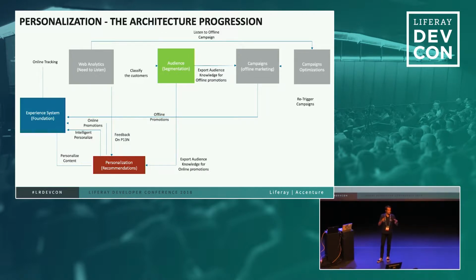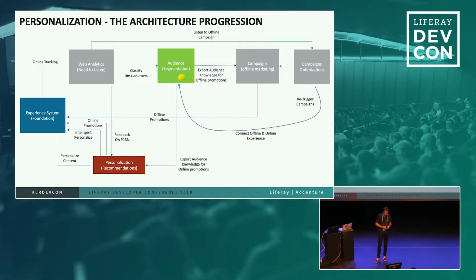Then the marketers will be able to optimize these campaigns. From the information from the web analytics, the experience system, and offline campaigns, they will be able to understand, okay, if this user belongs to this segment, has this behavior, and has similar interests as these other users, then I should build a similar campaign.